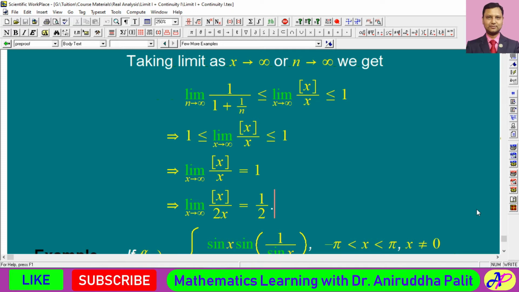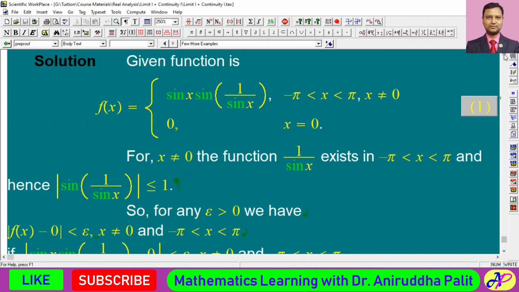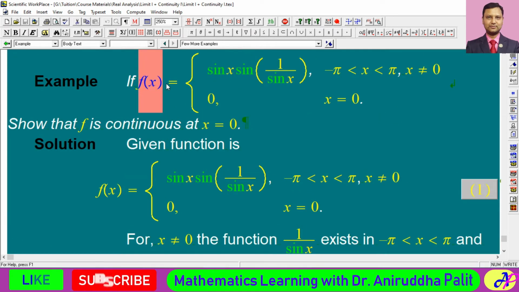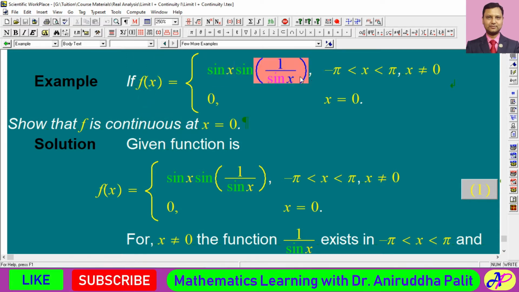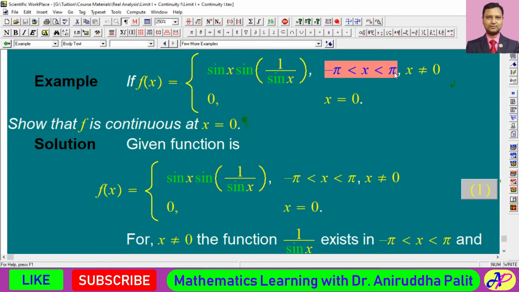One more example we are going to discuss over here is that the function f(x) is defined in this way, it is a piecewise function. The first piece is sin x into sine of 1 by sin x when minus pi is less than x less than pi and x is not equal to 0, and this is equal to 0 when x is equal to 0.